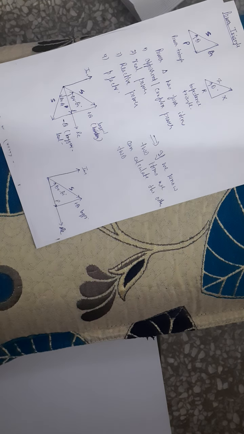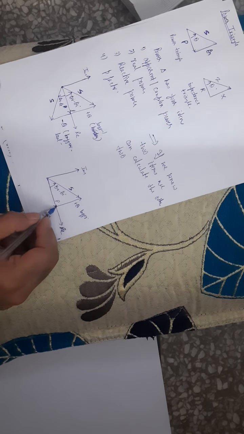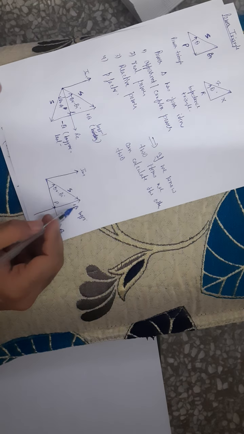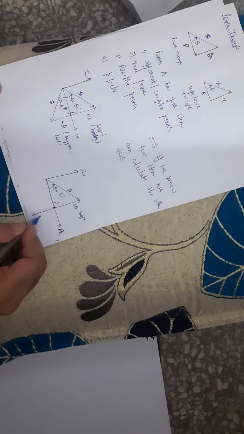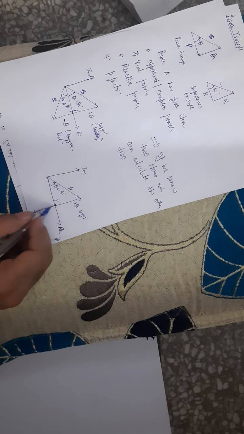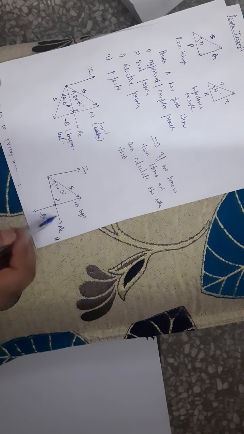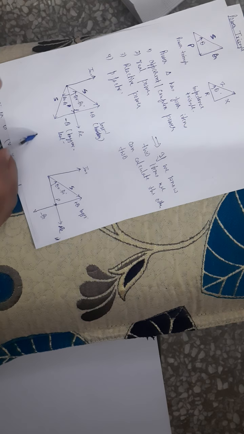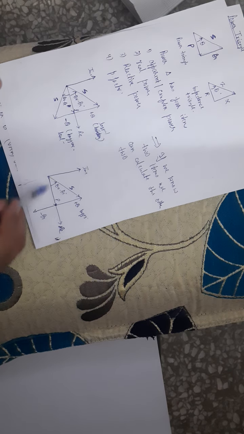Leading power factor means that the current is leading the voltage, that is, a leading load. For leading power factor, for example a capacitor, Q is negative. Here Q is in the first quadrant, and now minus Q will come in the fourth quadrant. This is the first quadrant, this is the second quadrant, this will be the third quadrant and this will be the fourth.